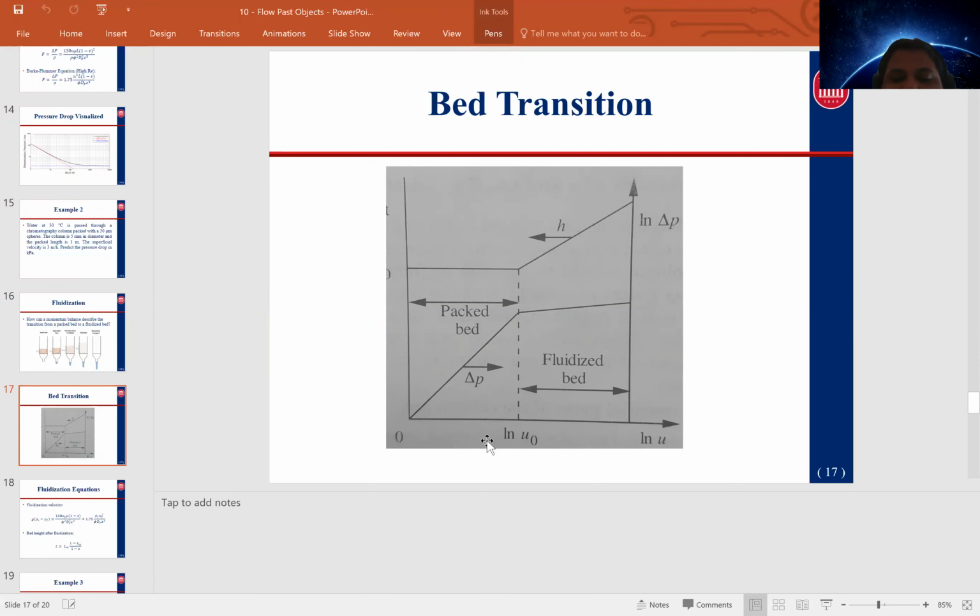The x-axis is a dimensionless velocity. The y-axis is both a dimensionless analysis of pressure drop here, as well as bed height on the left side. For a packed bed, increasing the velocity constitutes an increase in the pressure drop. But once you become a fluidized bed, the expected increase in the pressure drop is very minimal.